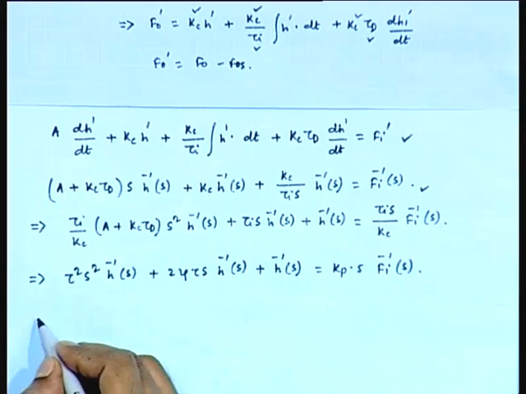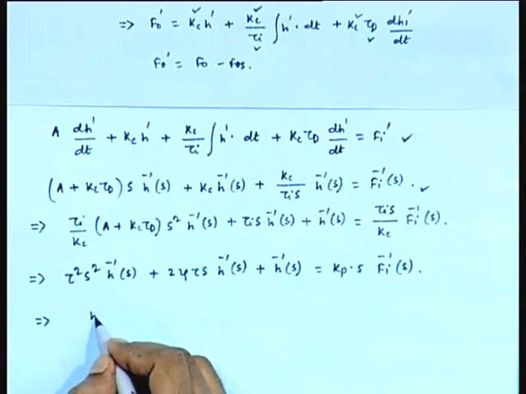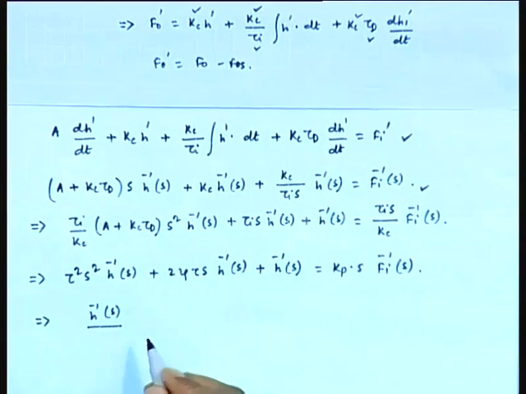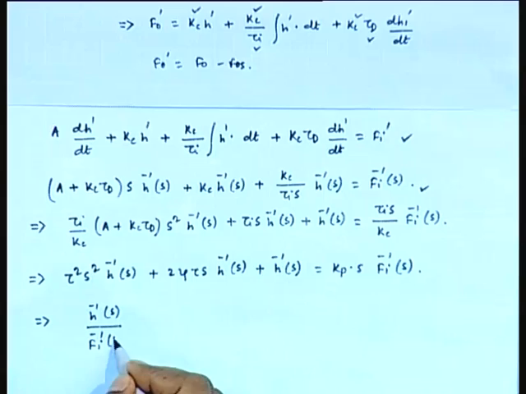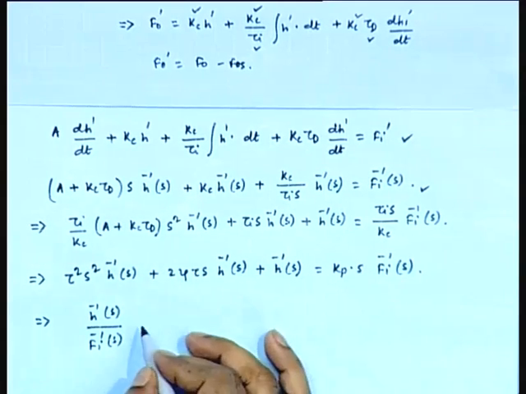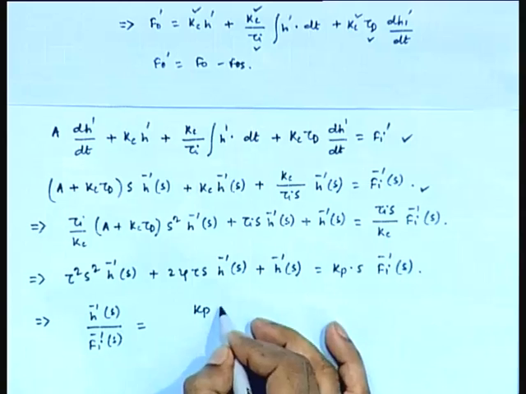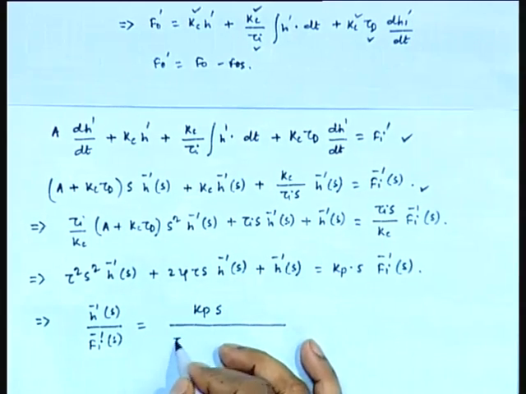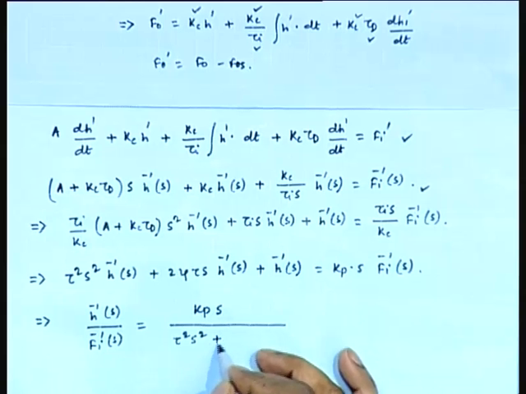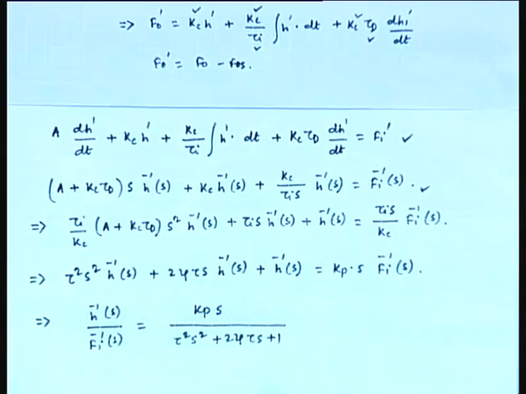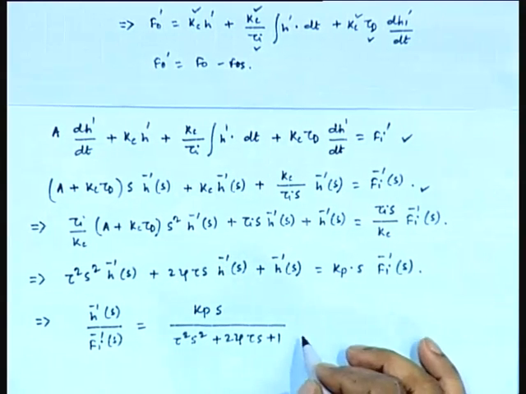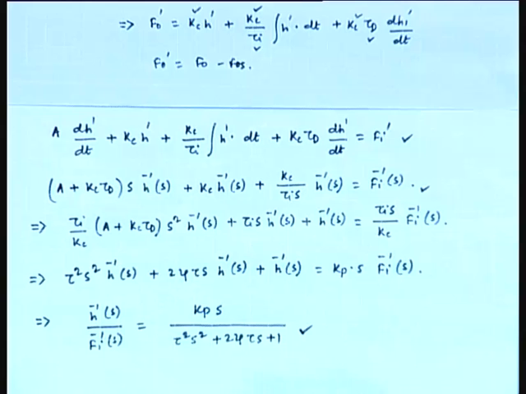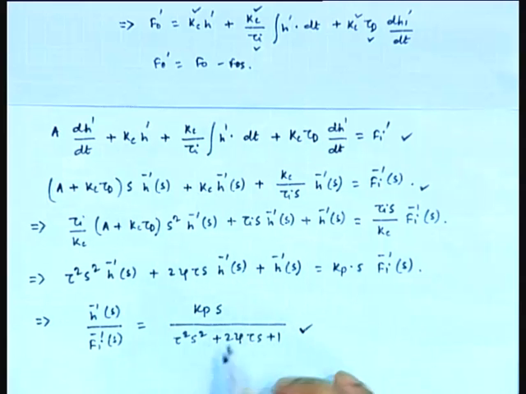So, the transfer function can be represented by h bar prime s divided by f I bar prime s equals kp s divided by tau square s square plus 2 zeta tau s plus 1. The transfer function yields this form.